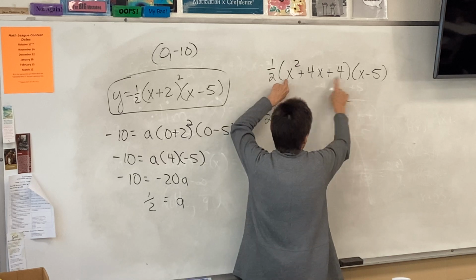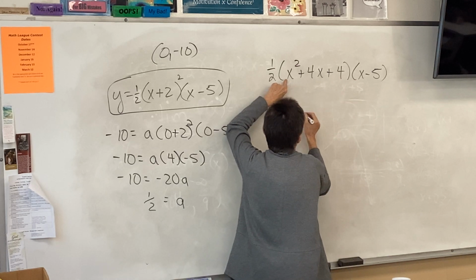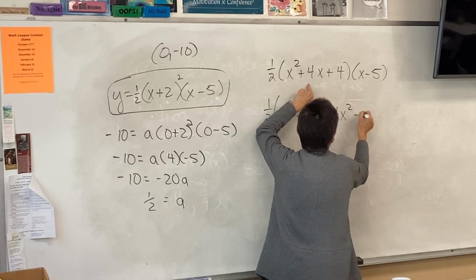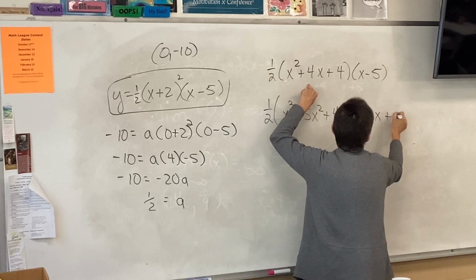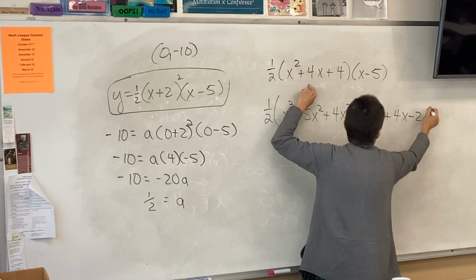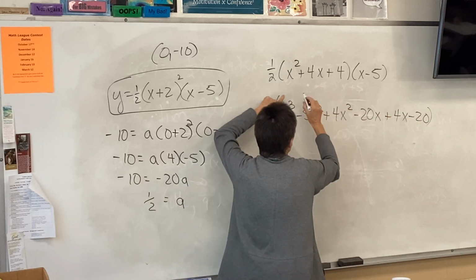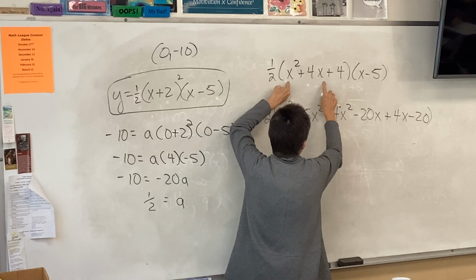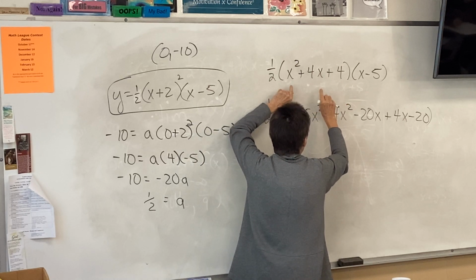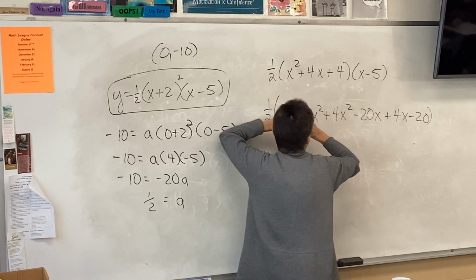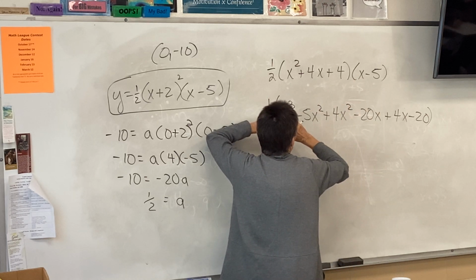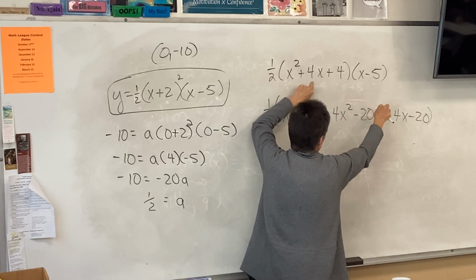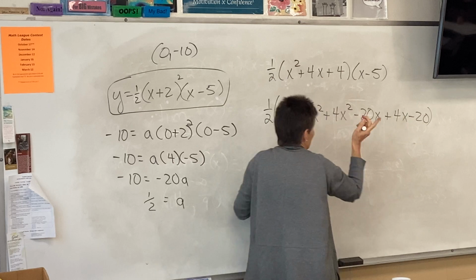So it's going to be x cubed minus 5x squared, 4x squared minus 20x, 4x minus 20. Whatever order you want to do it is not important, but make sure each of these is getting multiplied by both of these. So I took x squared times both of them, and then I took 4x times both of them, and then I took 4 times both of them, but you can do it however you want.